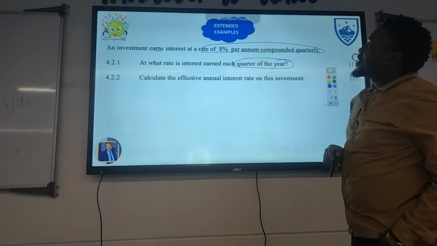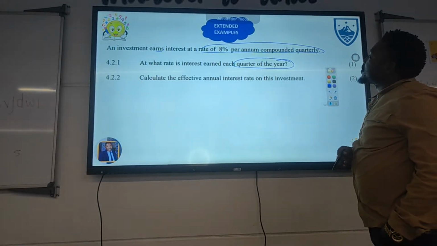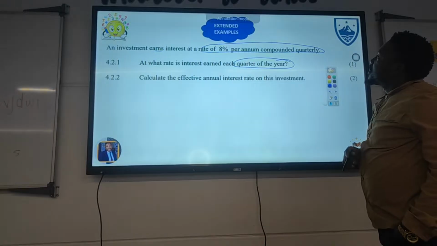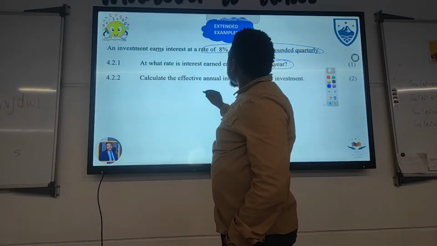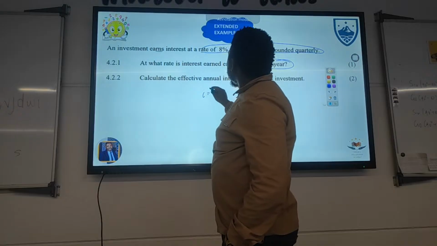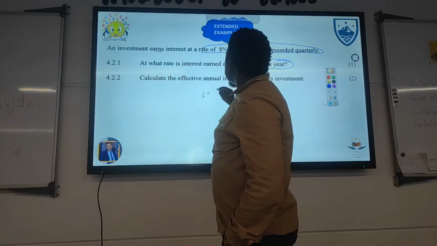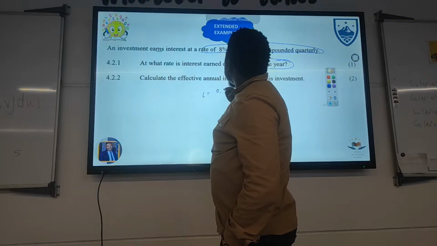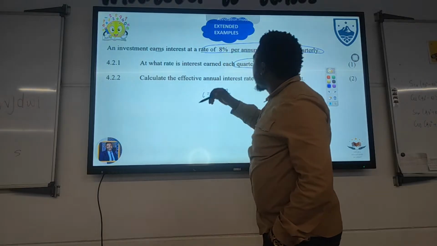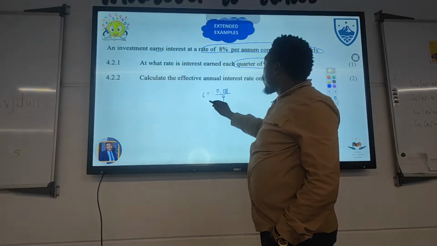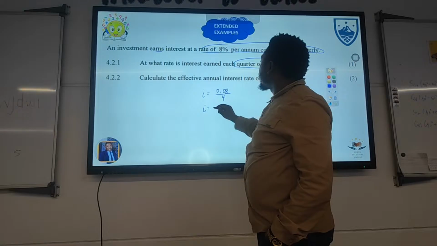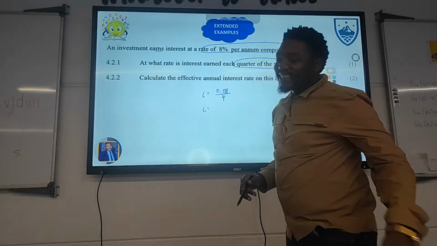The interest rate is 8% compounded quarterly, and then it means that what we're going to say, i will simply be 0.08. Remember, for the quarter we must divide it by 4 because we have 4 quarters.